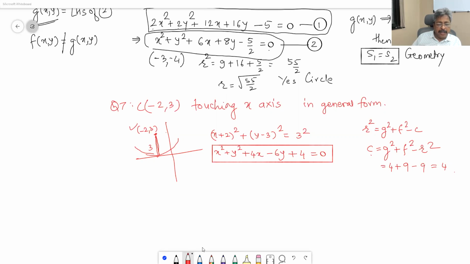Question number 8. Find the equation of circle with center at 2, -1 and which passes through 3, 6.